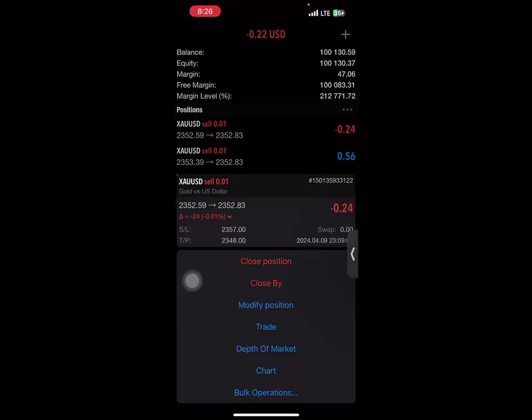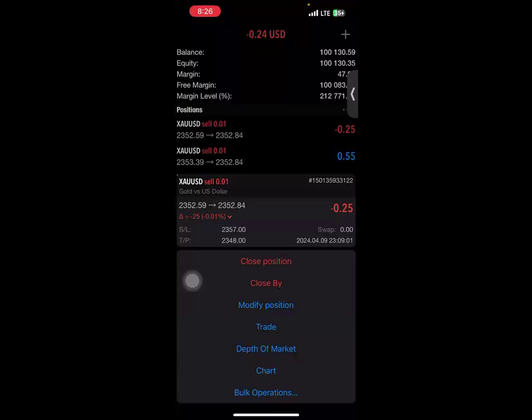So close position means that maybe, for example, the trade is running in so much loss and it has not gotten to your SL yet, and you want to quickly close it to prevent further losses. Or maybe the profit that it has given you is enough, and you just want to take your profits.